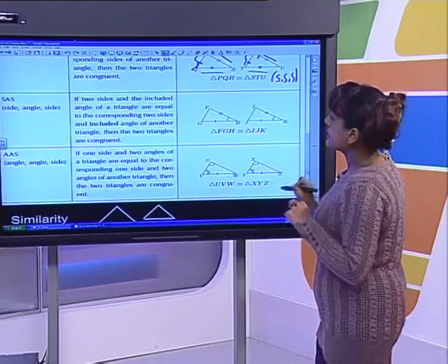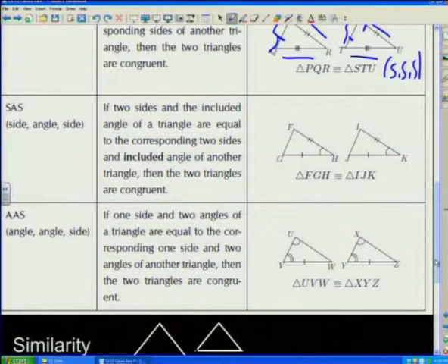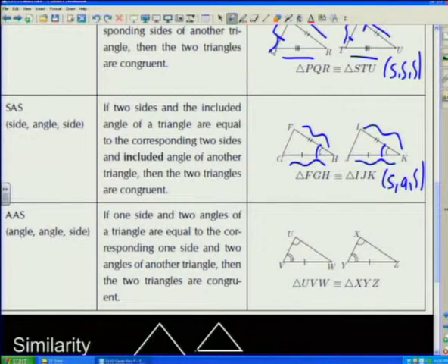Okay, the next reason: if two triangles have two corresponding sides that are equal, and the included angle is equal to each other, then those triangles are congruent because of side, angle, side. So you've got two corresponding sides equal, and the included angle is equal.